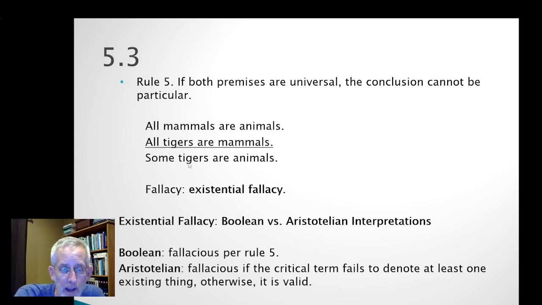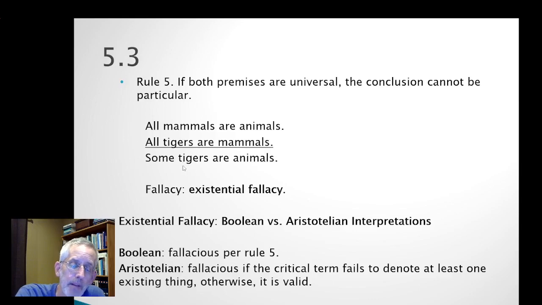In this case, tigers are actual things in the world. So since in this conclusion, the word tiger refers to things that actually exist in the world, Aristotle would say that the existential fallacy is not committed. It's okay to go from universal to particular as long as the thing that you're referring to is an actual existing thing.